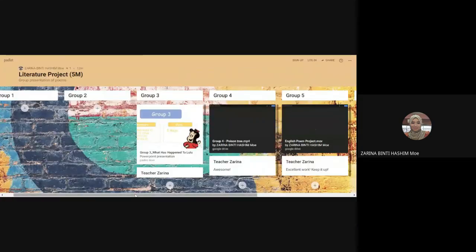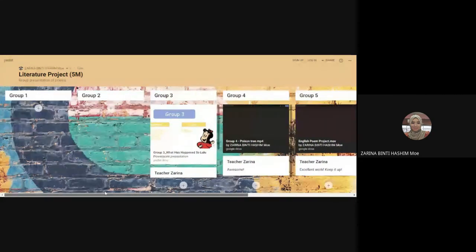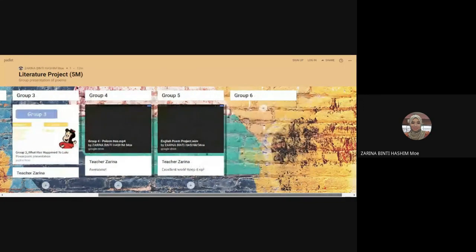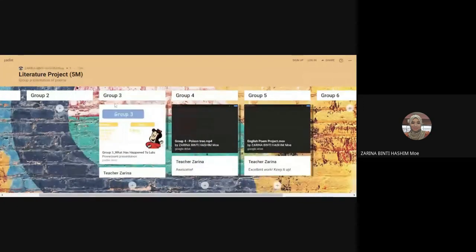Okay, this is from 5M, the literature project. I hope you can see this. I'm still waiting for group 1, group 2, and group 6 to hand in their work. The other groups, 3, 4 and 5, I have already posted your work here in the Padlet.